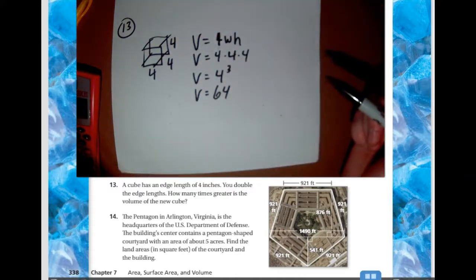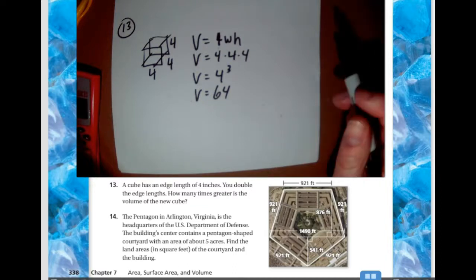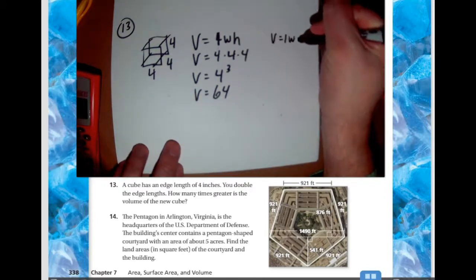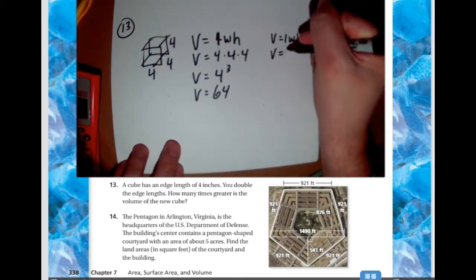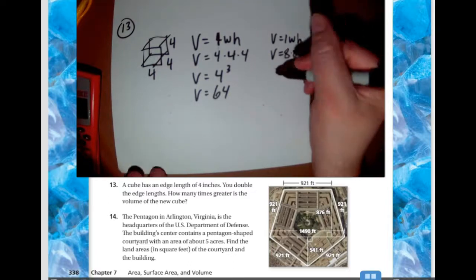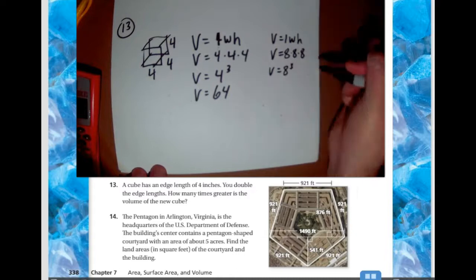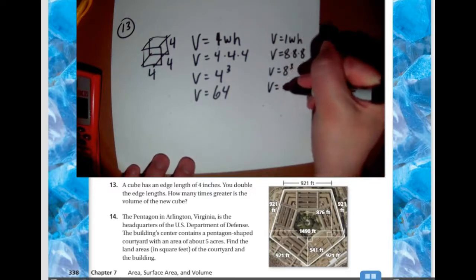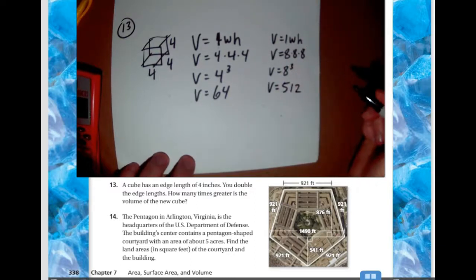Now it says that if we double the edge lengths, that means we're going to take 4 times 2. Now we have volume equals length times width times height. That would be 8 times 8 times 8. Again, we could think of that as 8 cubed if we would like to. Either way, we end up with a volume of 512.